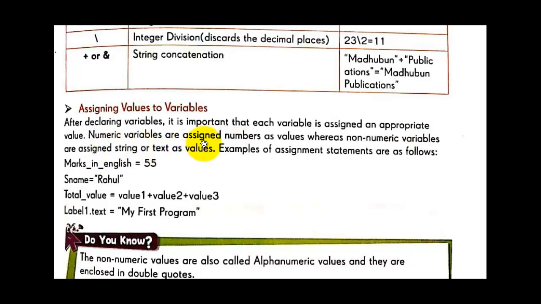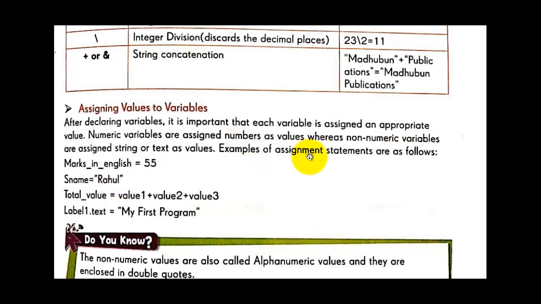Numeric variables are assigned numbers as values, as the name itself suggests. Non-numeric variables are assigned strings or text as values, enclosed in double quotation marks.